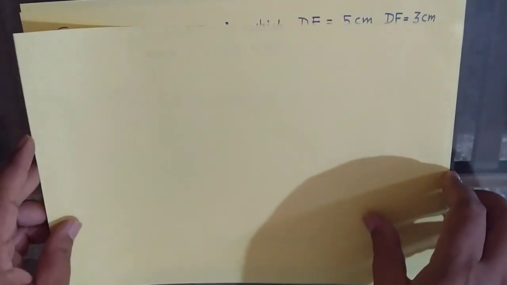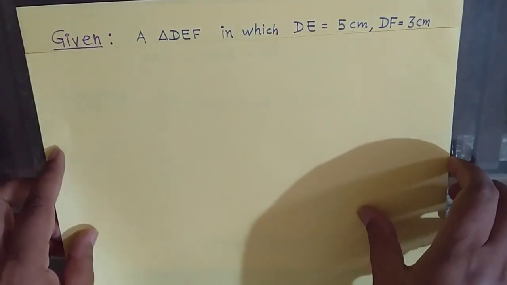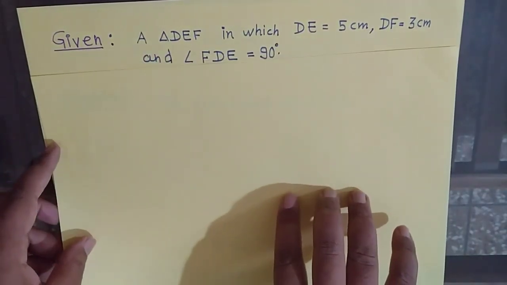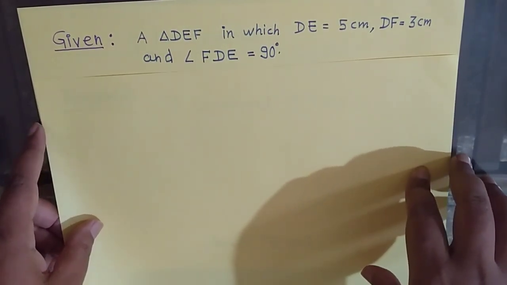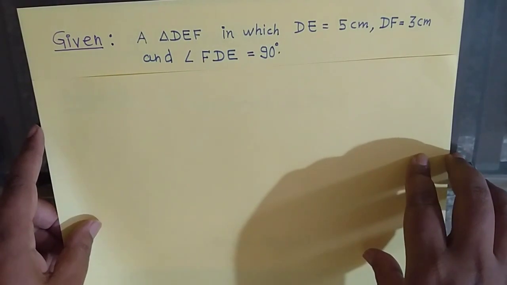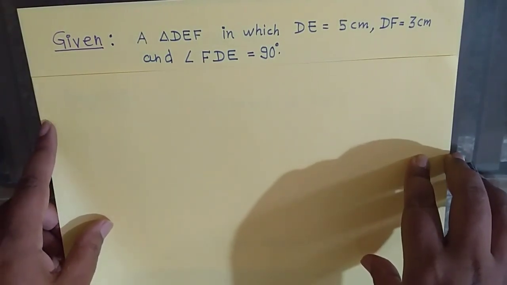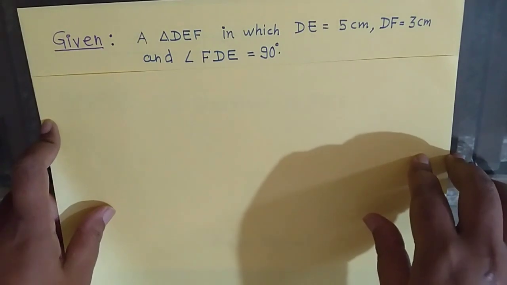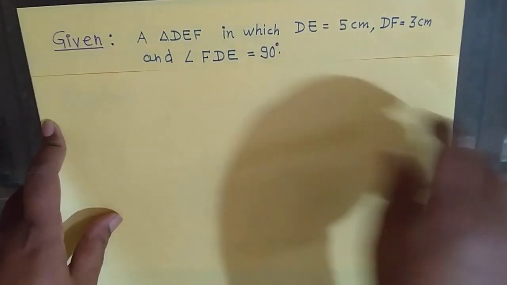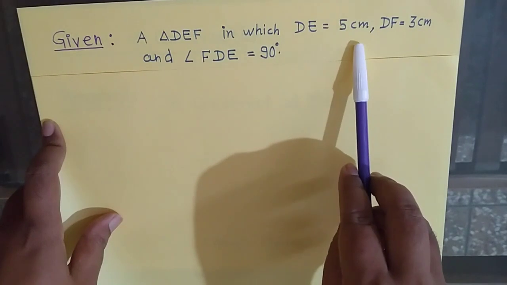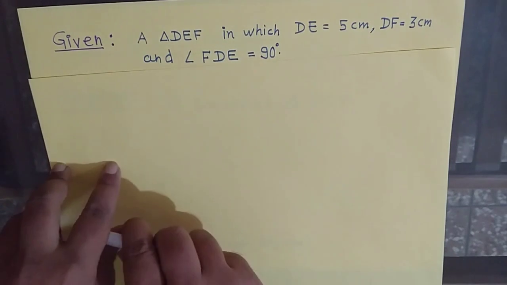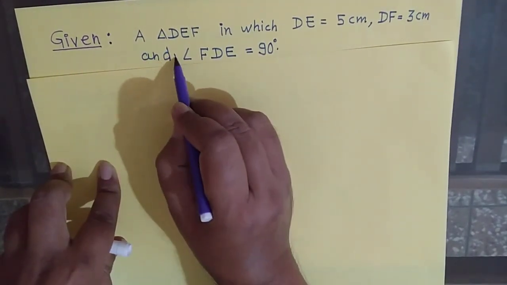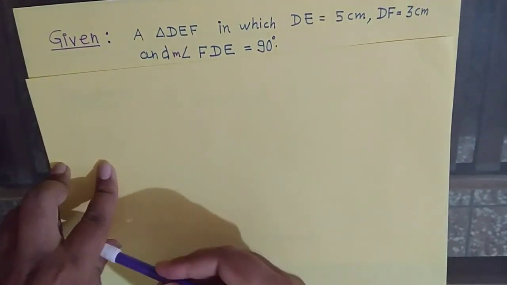Before constructing this triangle, we give a heading, Given, and under this heading we write the components of triangle DEF which are given in the example: a triangle DEF in which DE equal to 5 cm, DF equal to 3 cm and measure of angle FDE is equal to 90 degree.